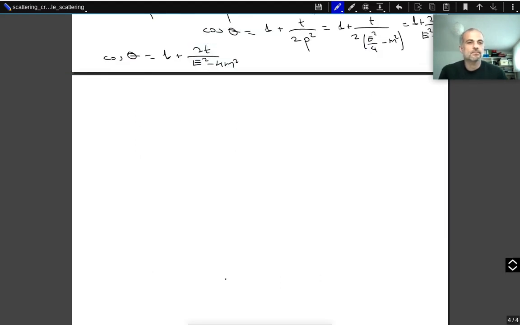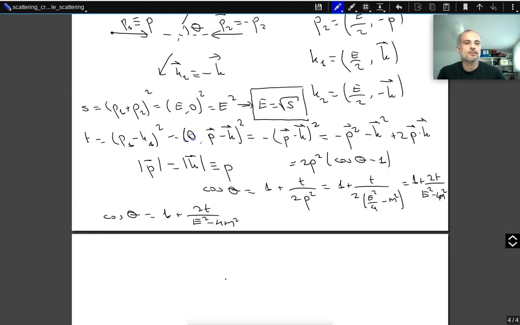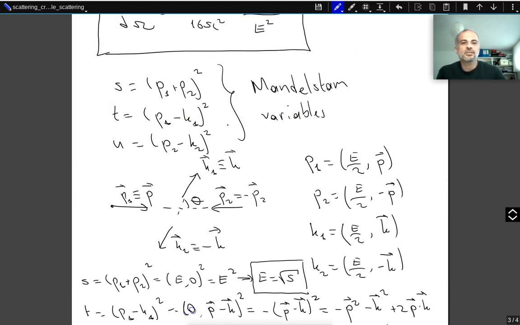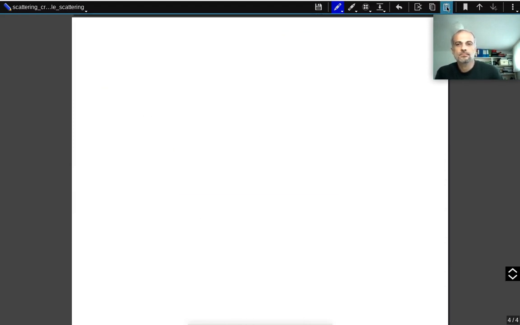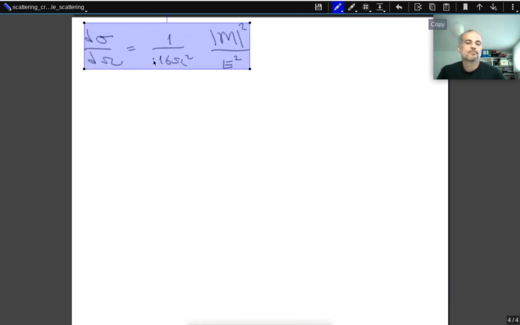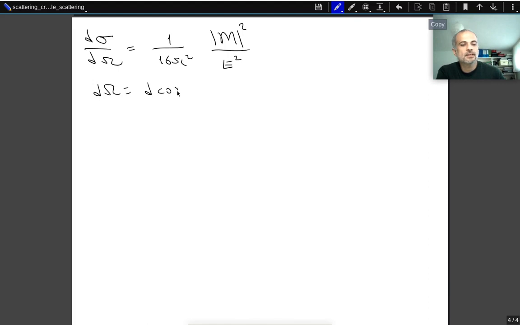Now, if we just go back to our cross section expression, d omega is d cosine theta multiplied by d phi. Nothing depends on phi.